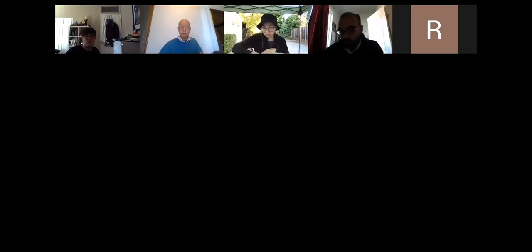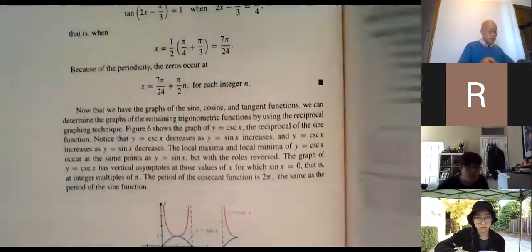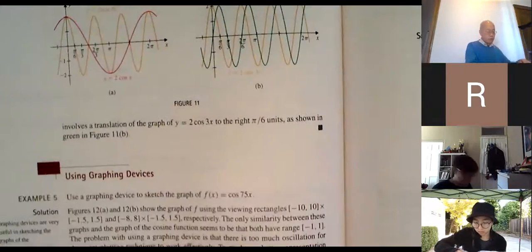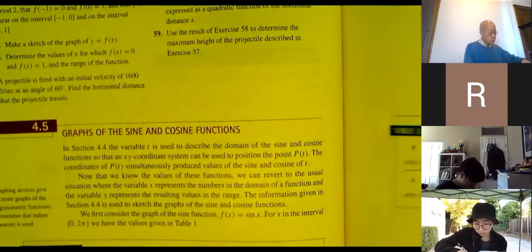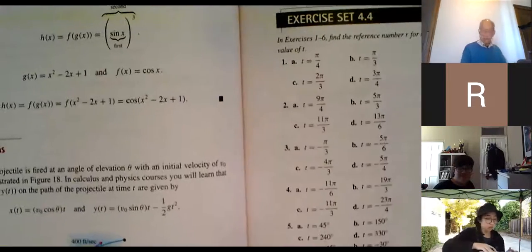So get rid of the chat and start sharing again. Okay, so let me go in order, I guess. 4.4, 49, somebody asked for. Yeah, I'm officially done with the chapter, so it's just questions and answers now.